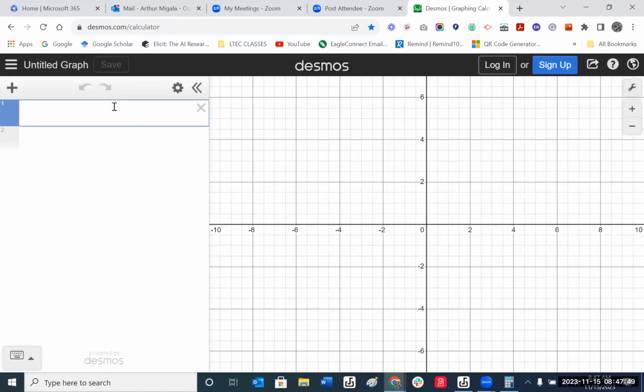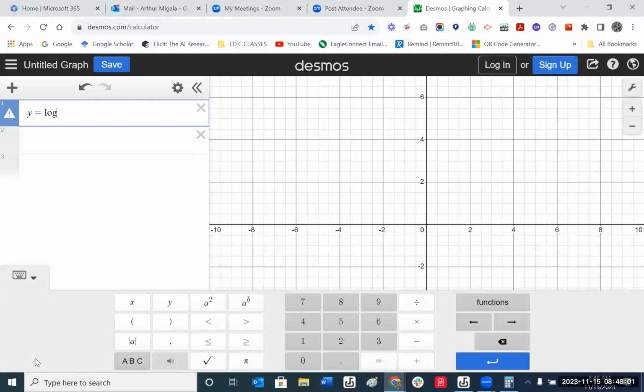So here I want y equals log base A. No, no, no. I need a base. Where's my base? Even this one's going to be that way.